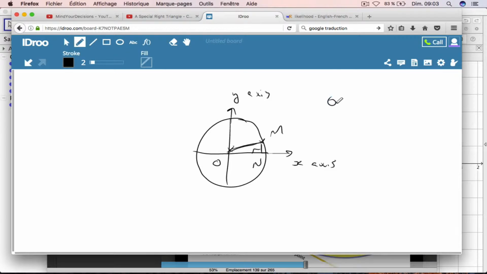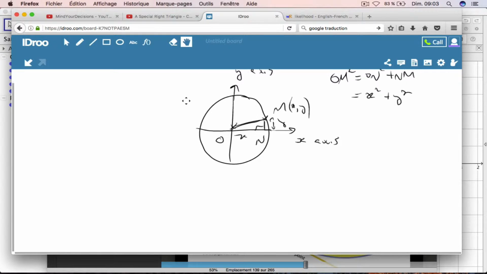So we've got OM squared equals ON squared plus NM squared. This point has x, y coordinates. So this length is x, so that's x squared, and this length is y, so that's y squared.